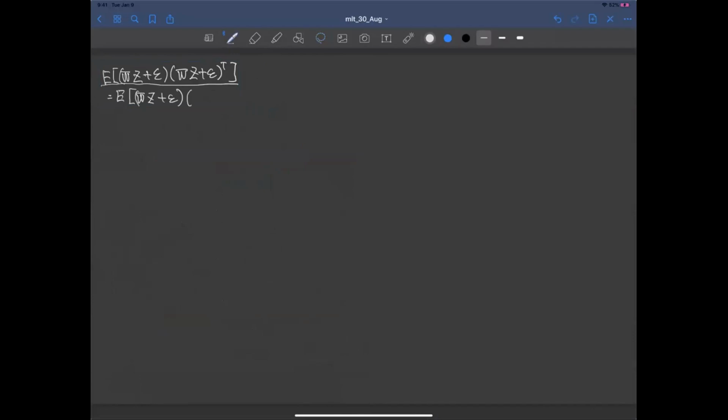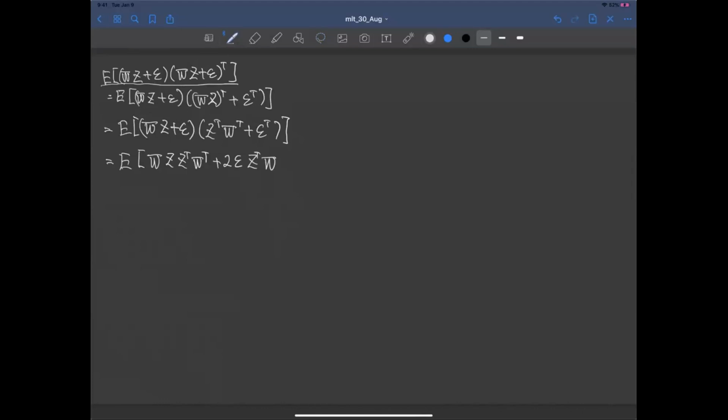Then you can calculate like this. These are the basic calculations of matrix and vector.